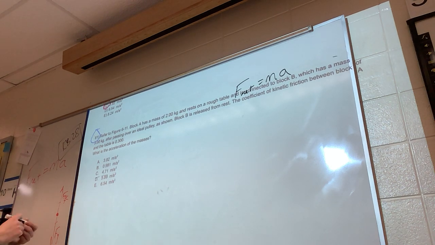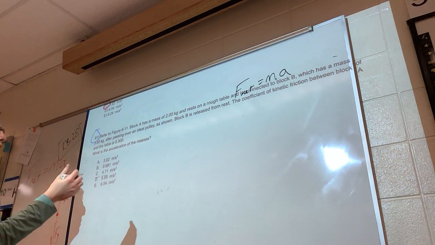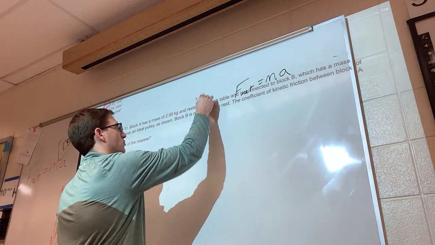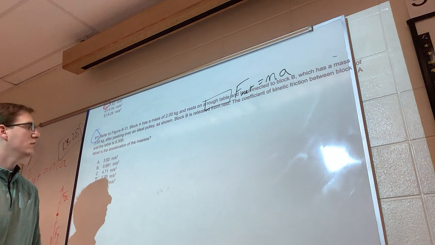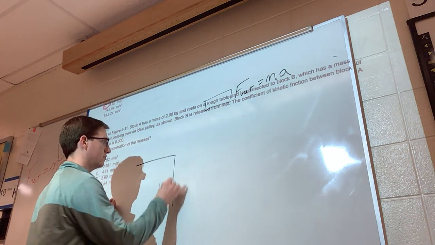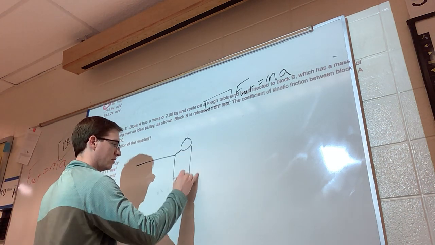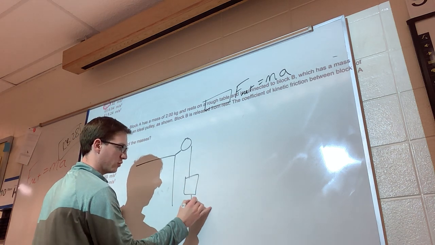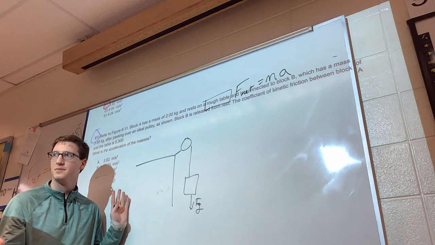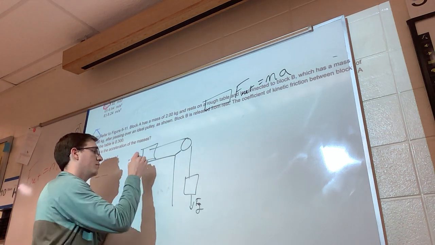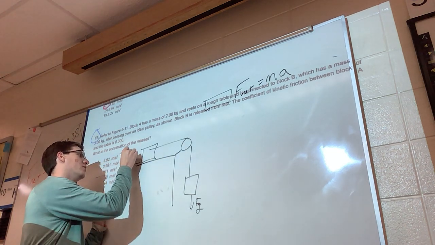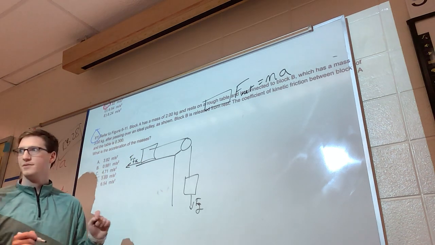All right. Now the thing that's different about this question is that it's a rough table. Up until now, this force was the only thing in the game. But now I also have friction fighting it.